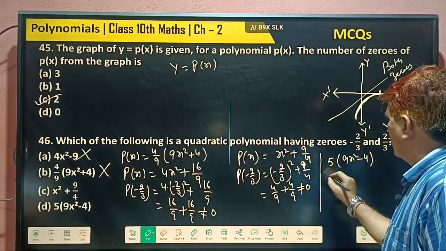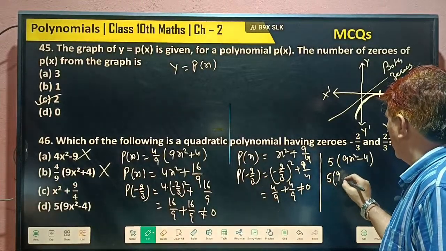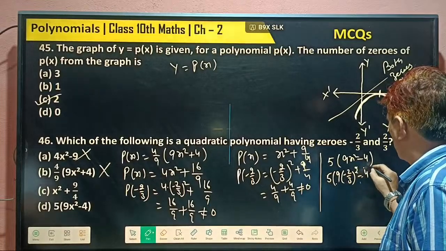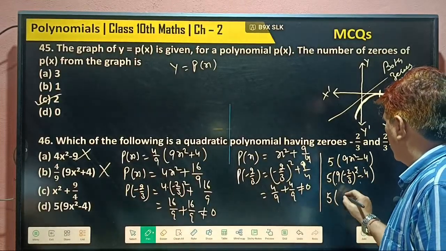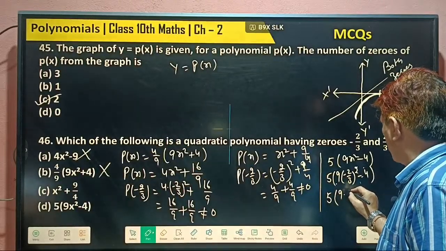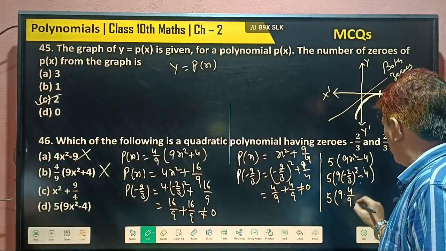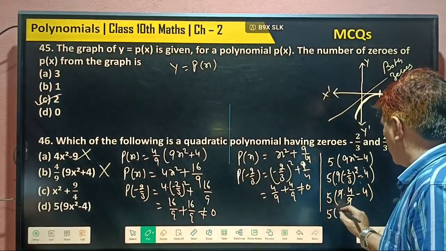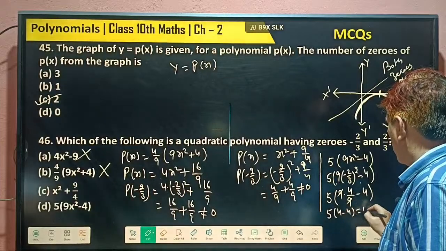Put this value: 5 into 9 into minus 2 by 3 square minus 4. So 5 into 9 into what's coming? 4 by 9 minus 4. This cancels this, and this is 5 into 4 minus 4 equal to 0.